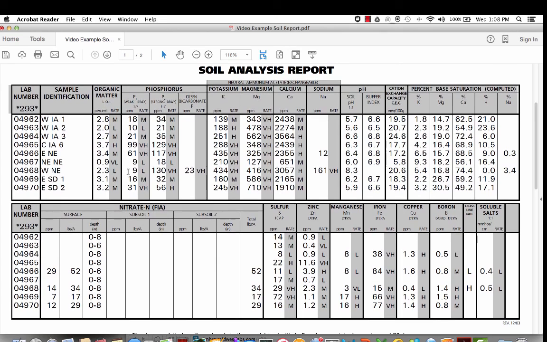Move a little further down and we see these 9 parts per million here in northeast Nebraska. Now in this first sample from northeast Nebraska at 9 parts per million, we've got an 18 parts per million P2 Bray. I said earlier we like to see that ratio between the P1 and P2 about 1 to 2, and that's what we see here. I look over here and I see that this is that very light CEC soil, so probably quite a bit of sand in it.